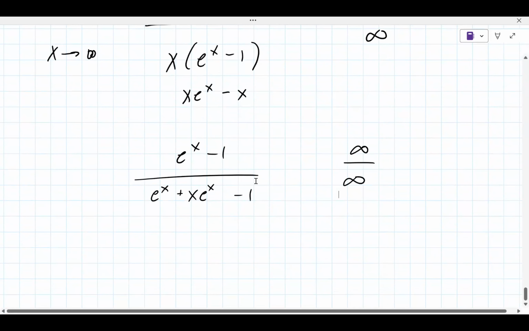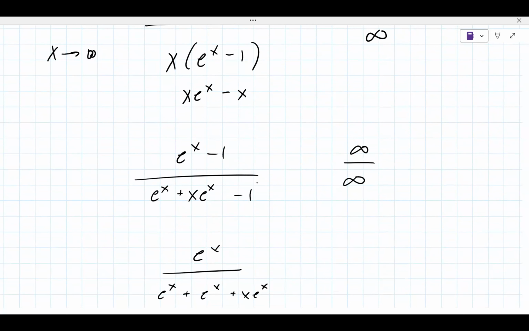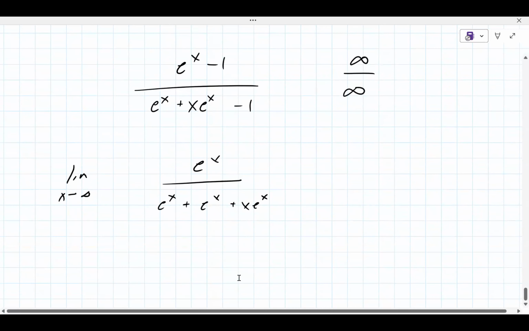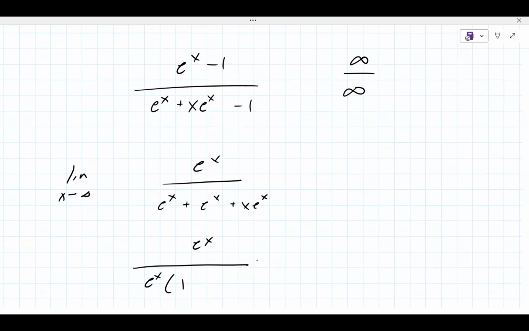You have to get rid of the constants basically. So you get e to the x over e to the x plus e to the x plus x e to the x. And this time you want to cancel out those e to the x's if you can. So you can actually factor them out of the bottom, and it's 1 plus 1 plus x.